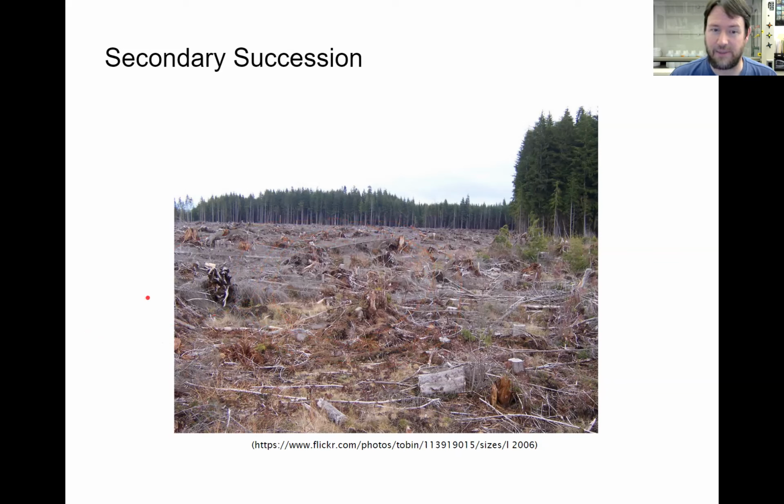An example of this might be a clear cut or a moderate intensity forest fire where some of the organisms have died, but not all of them, right? So that's going to change the community structure, and generally those earlier successional species, the pioneer species and some of the intermediate species, can come and colonize and start the process again, but it isn't starting from scratch.